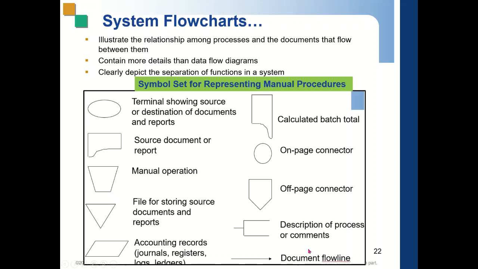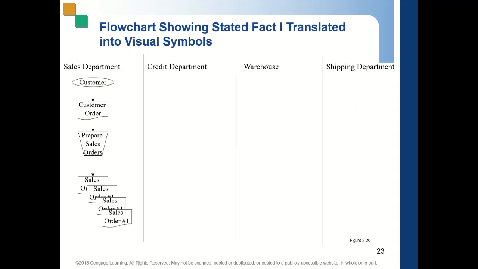You need to know the meanings of these diagrams, so that when you look at a representation of a system, you are immediately able to see that, oh, okay, this operation is manual. Okay, here we're talking about a source document. Okay, this is just a connector, and all of that.